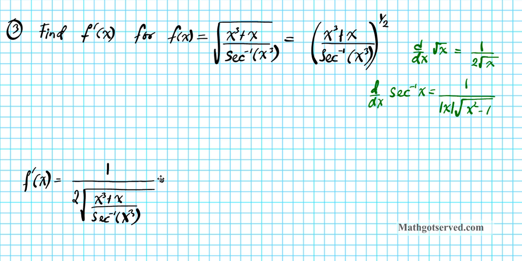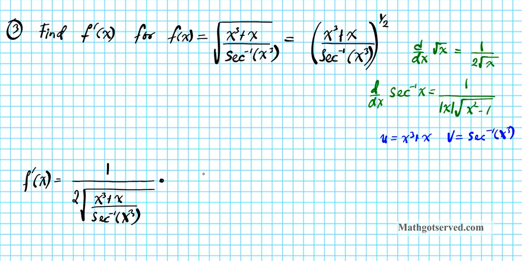Now we're going to shift our attention to the inner function. To do that, we're going to have to use the quotient rule. When I'm using the quotient rule, u is going to be x to the third plus x, and v is going to be the arcsecant of x to the third. So let's go ahead and do it. We're going to do vu prime first.